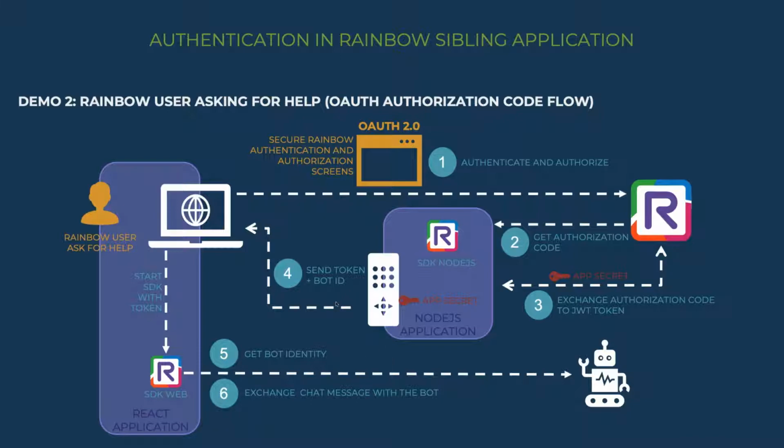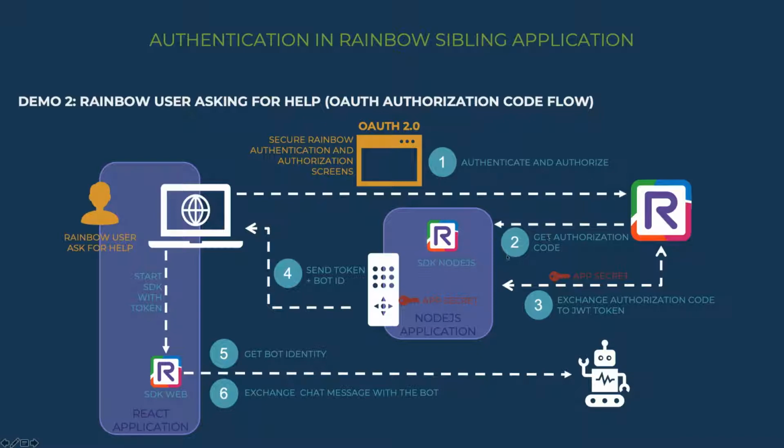So basically, the application will ask Rainbow to display a secure authentication and authorization page. And then, once authorized, a request will be sent to Rainbow to get the authorization code.